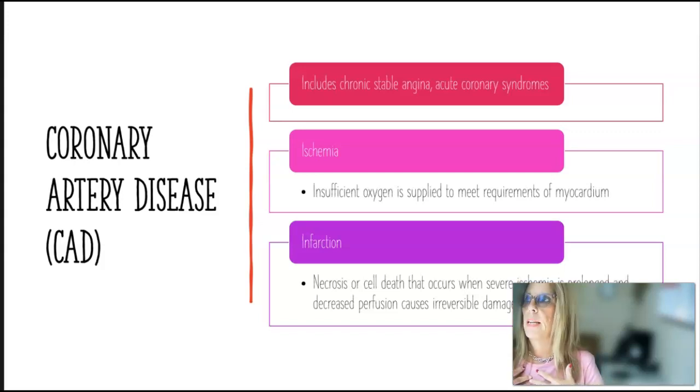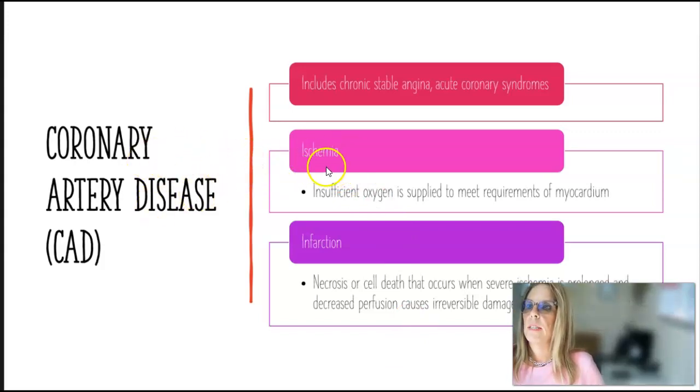So those are patients that exhibit chest pain, but it's chronic. What we always have to try to differentiate is, even with those chronic angina patients, they can progress to an unstable angina or an MI, so it can get very difficult to understand what's going on with those patients.